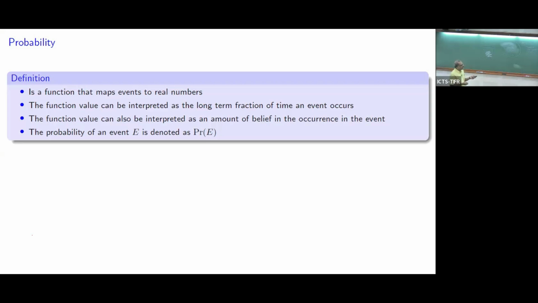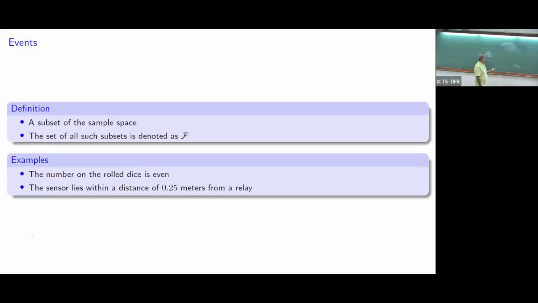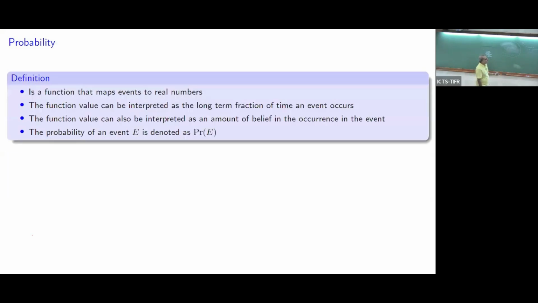Another way that you can think about assigning a probability value is as something like the long run fraction of time that you get to see this event. For example, if you look at this NN example, suppose you are able to observe noise over a large number of days. Then you just look at the fraction of days where you see this value 2.